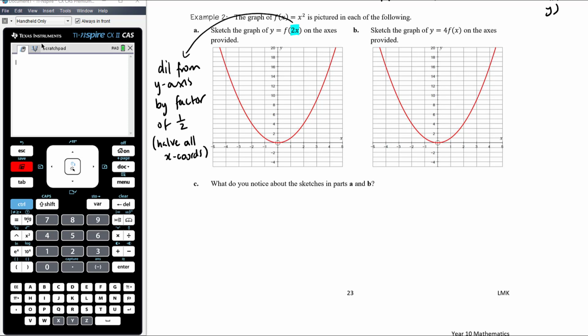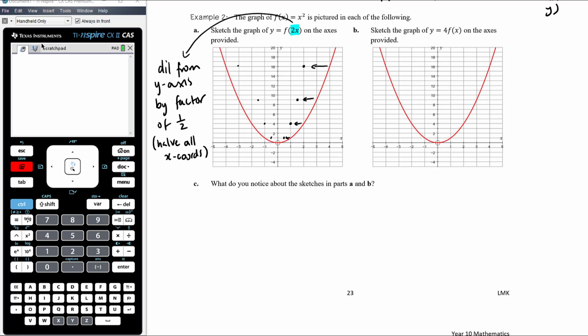That's going to dilate from the y-axis by a factor of a half. So the point that is at 1, 1 is going to come into half, 1. Okay. The point that is at 2, 4 is going to come into 1, 4. The point that was at 3, 9 is going to come into 1 and a half, 9. The point that's at 4, 16 is going to come into 2, 16. So we are dilating by a factor of a half from the y-axis, and we can do the symmetric points over here.